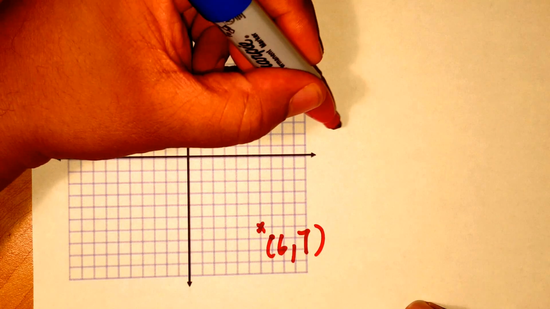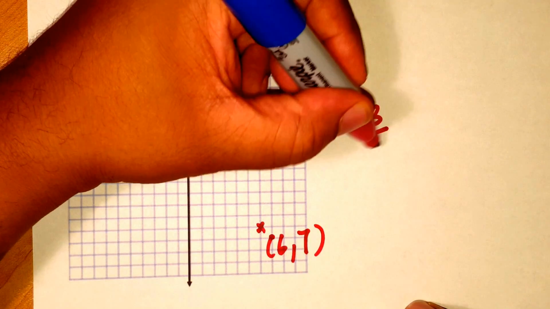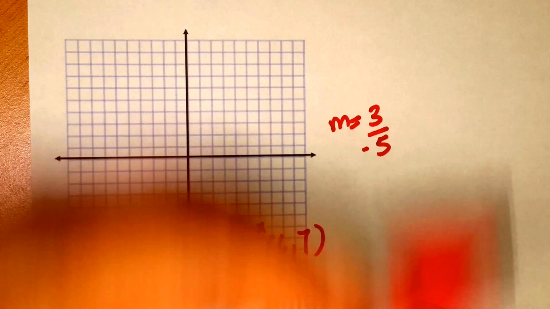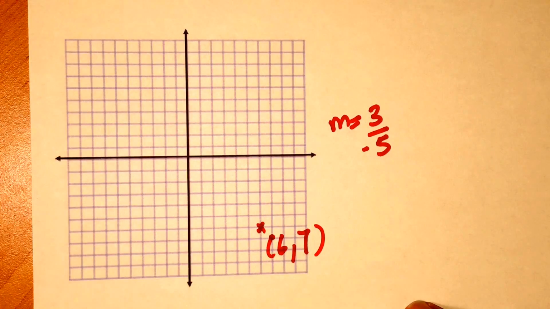So if we know that our slope is negative 3/5, that means we're going to go 3 up in our y direction.